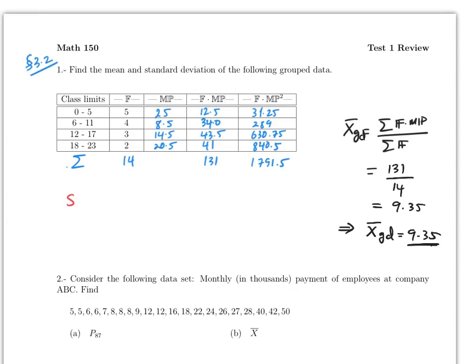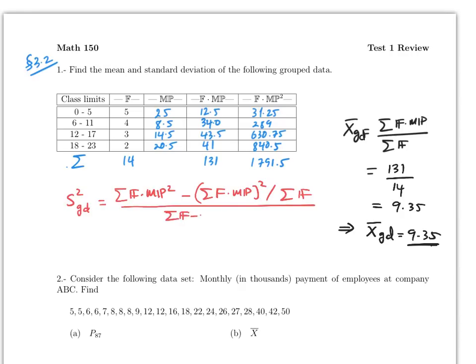So recall that the formula for the variance for group data is the sum of the frequencies times the midpoint squared, minus the sum of the frequencies times the midpoint, squared, everything divided by the sum of the frequencies, and all of this divided by the sum of the frequencies minus 1.